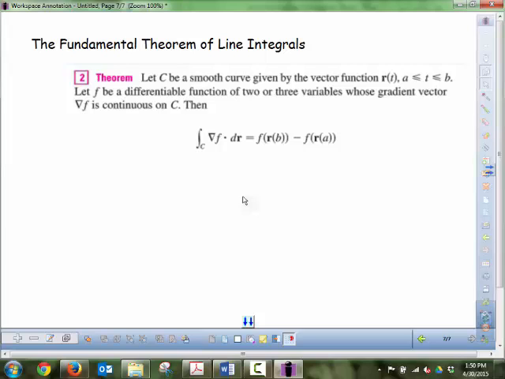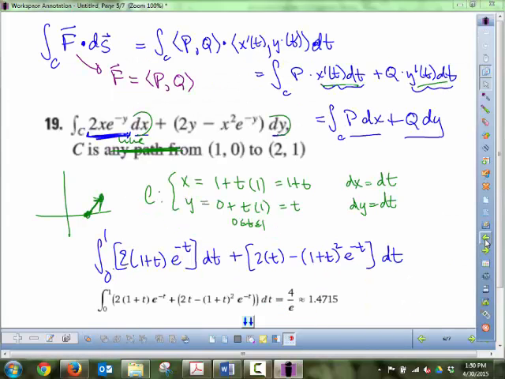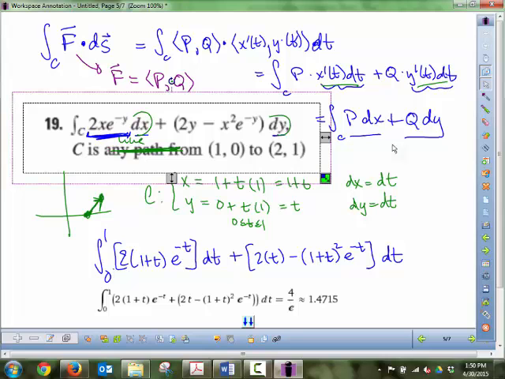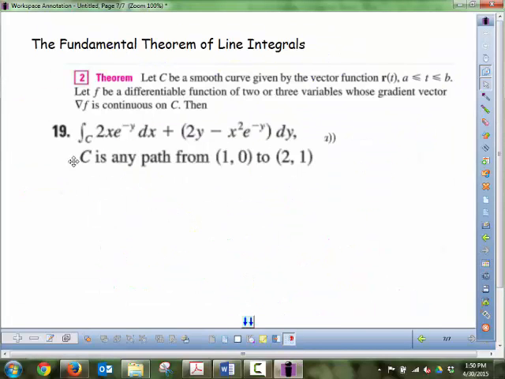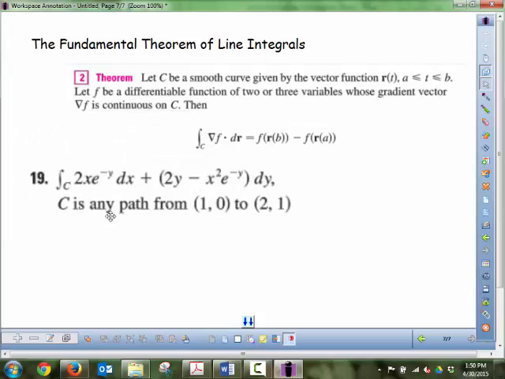So, this is the fundamental theorem of line integrals. And that problem that we did might be a good candidate for this, but we have to make sure of one thing.